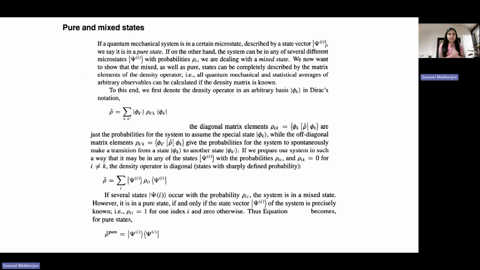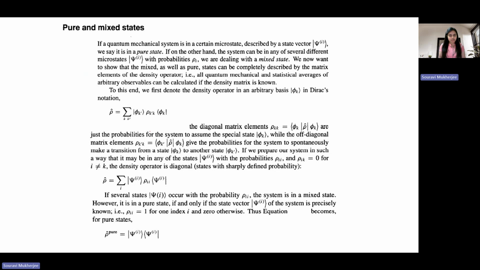But till then, let me tell you: you can write a vector as a superposition of many other vectors, based on whatever basis you are choosing. But if you know for sure that you are in this state, you know the state vector, even though this state vector can be written as a superposition of different other basis vectors, it doesn't make a change.